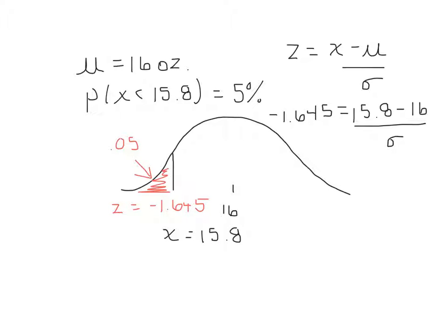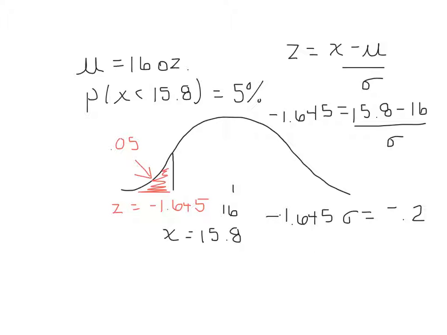So just like I did in exercise 63, I've got to multiply both sides by sigma first, and I'll get negative 1.645 times sigma is equal to 15.8 minus 16, which is negative 0.2.